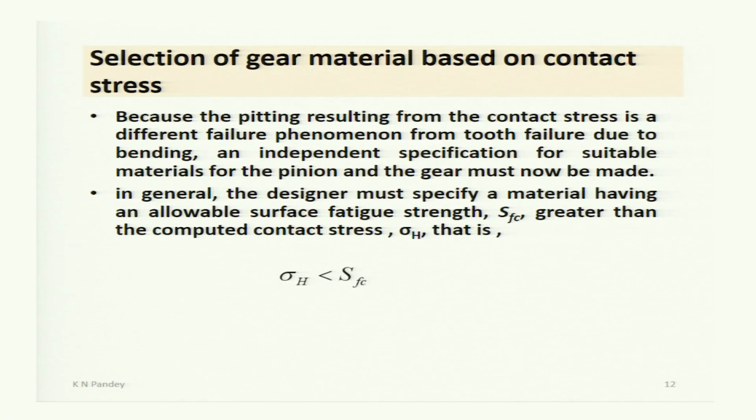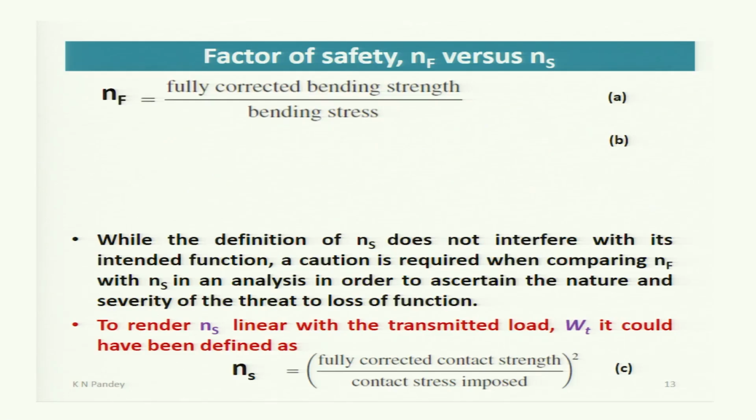In general, the designer must specify a material having an allowable surface fatigue strength SFC more than the Hertzian contact stress which will act on its gear tooth. Now, the factor of safety for bending fatigue will be given by the fully corrected bending strength, that means SFB, divided by the bending stress. The bending stress is sigma B.